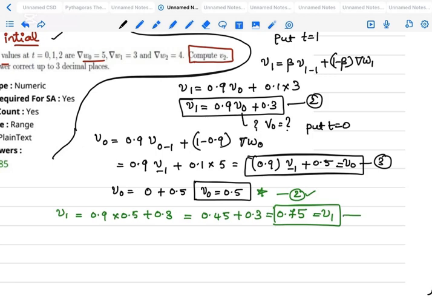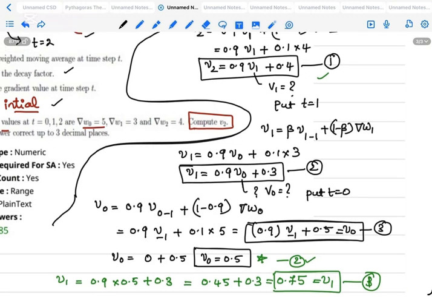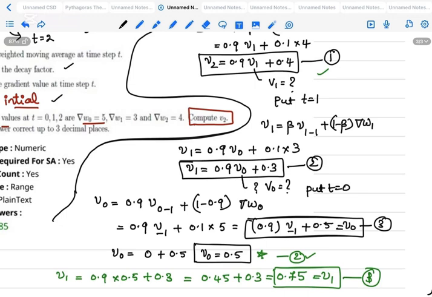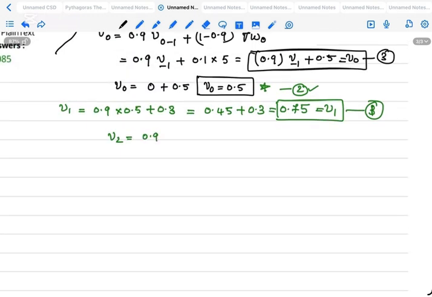Put this value in equation number 1. So V2 equals 0.9 V1 plus 0.4, that equals 0.9 times 0.75 plus 0.4, which equals 1.075.